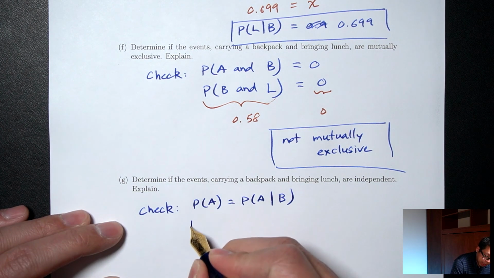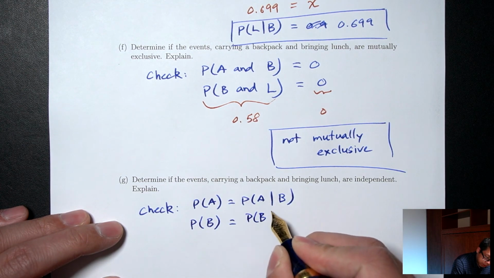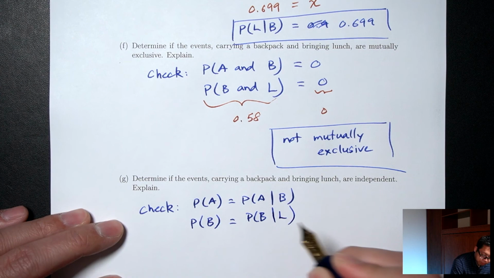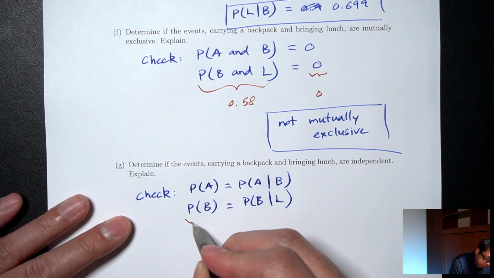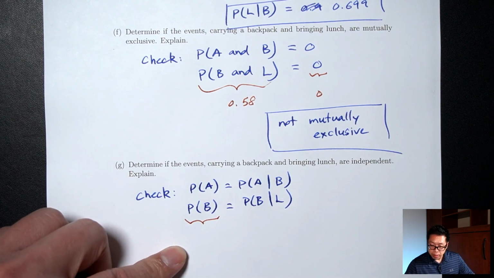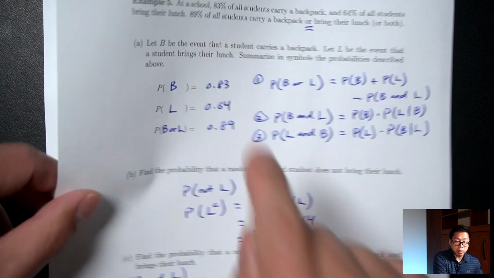I'm going to replace the A's with B's, and then the B with L. Check left, check right, and then check if they're equal. Probability of B would be 0.83.